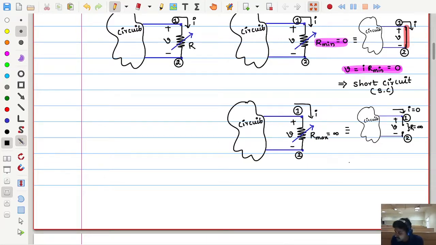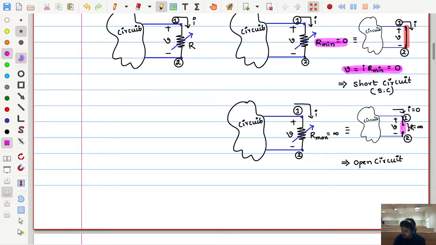So these are the characteristics of the open circuit. Whenever a branch or an element offers infinite resistance, it is equivalent to the open circuit, meaning the circuit got broken. See here, you can observe carefully. There is no contact or connection between the terminal 1 and 2.